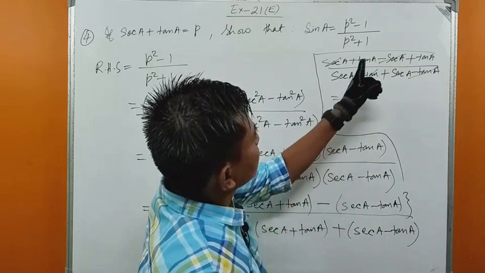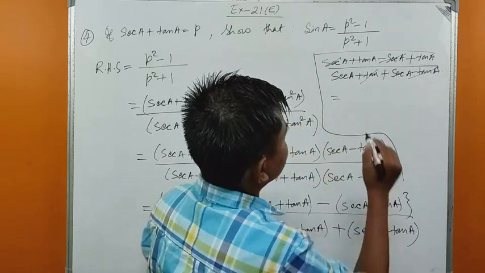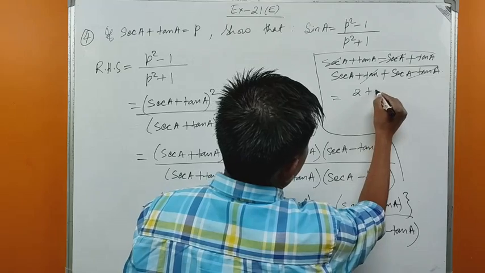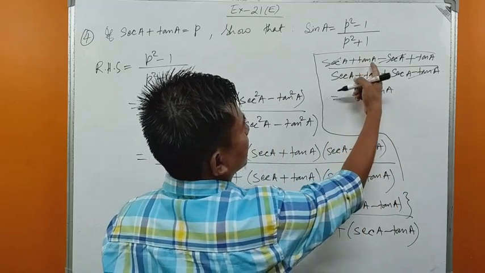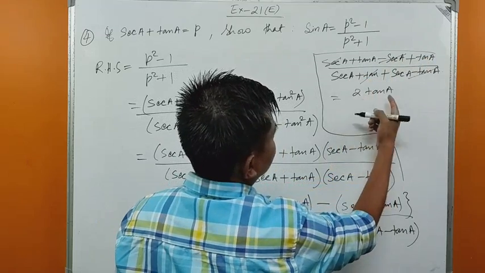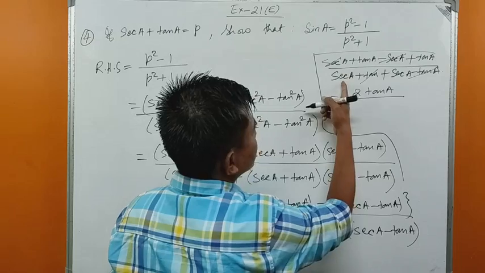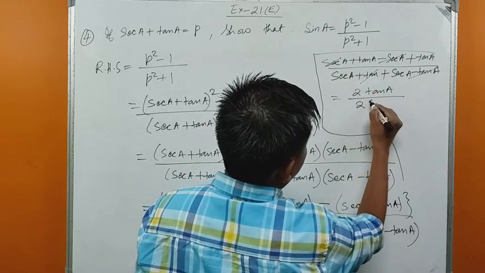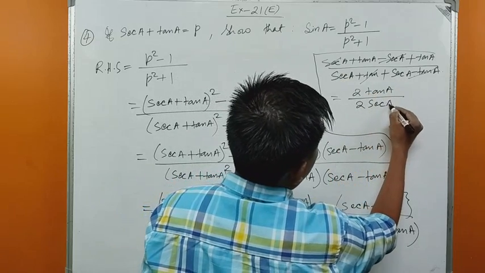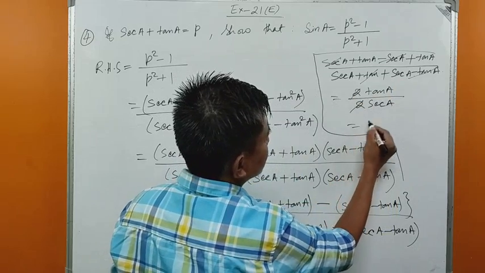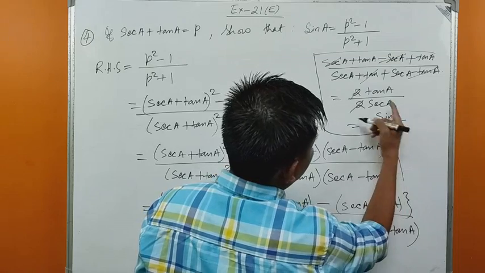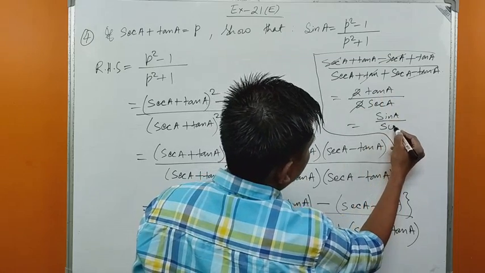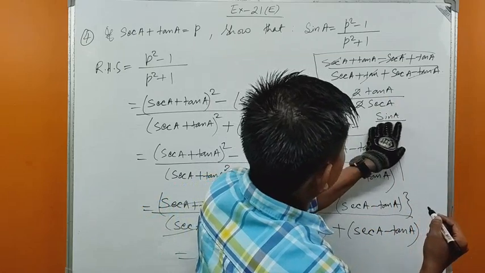So in the numerator we have tan A plus tan A, that is 2 tan A, isn't it? In the denominator we have sec A plus sec A, 2 sec A. So this 2 and 2 can be cancelled. Tan A means sin A by cos A, isn't it?